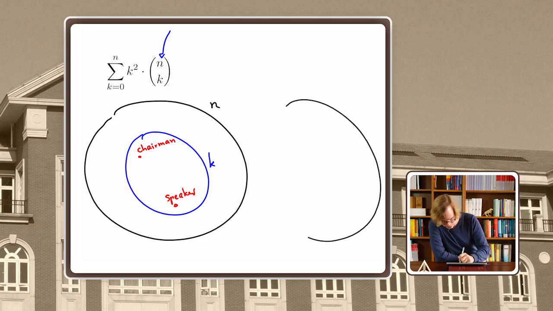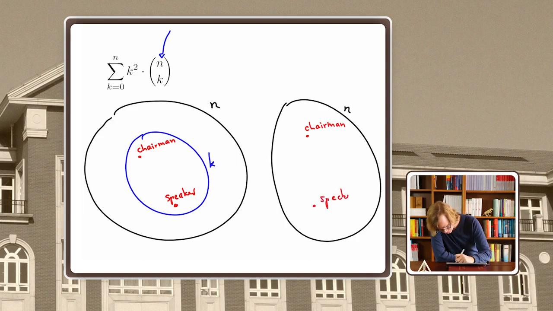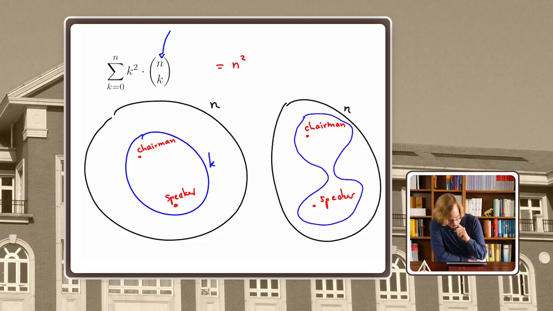So to do it, let's again invert it. Let's say first we select chairman and speaker. So for this we have n squared choices, and then let's select the committee, but the committee must contain both the speaker and the chairman.